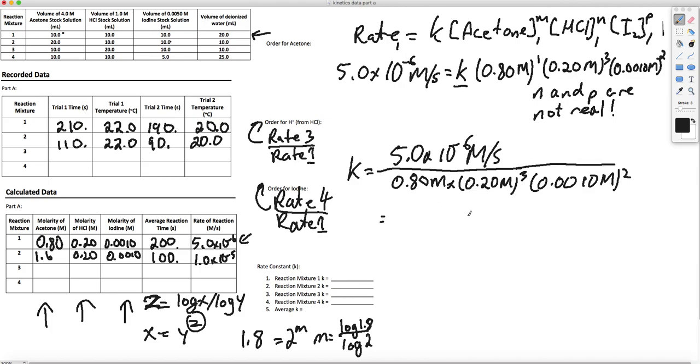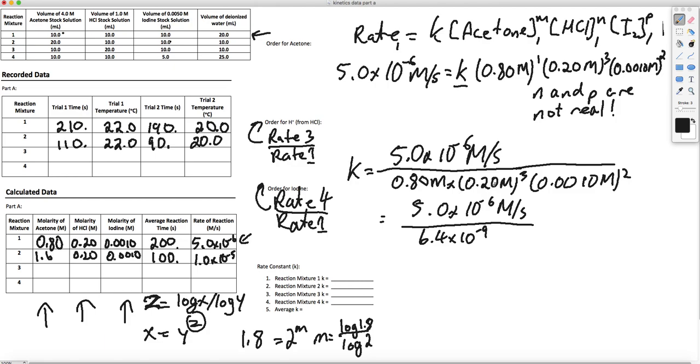Now if I do the math on that, here's what I end up with. 5.0 times 10 to the negative 6 molar per second over 6.4 times 10 to the negative 9. So that's the numerical value once I put all that into my calculator.